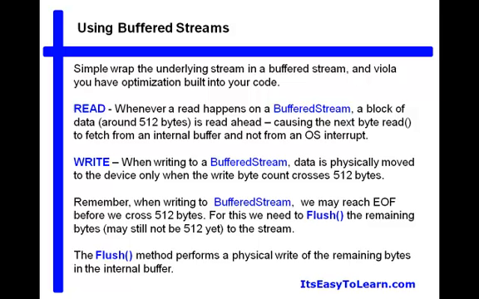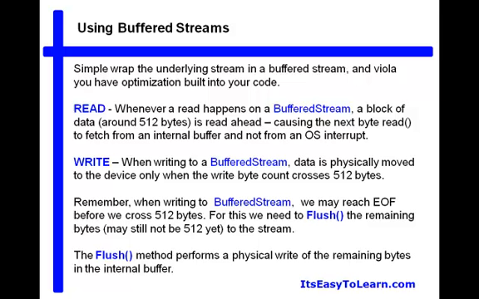It is written to the internal memory and is written to the device only when the byte count crosses, for example, 512 bytes. Even though you may write 10 bytes at a time, or whatever your size may be, only when it reaches a threshold will it be written into the file system. So this is the abstraction, the buffering, which is provided by buffered streams.